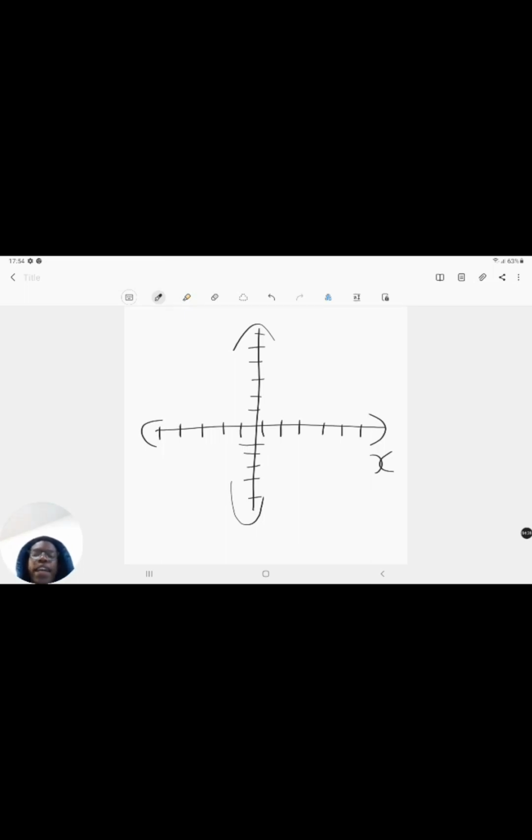Now, let's say we're looking at a straight line. Let me just use a different color for that. Say you're looking at a straight line that goes like that. We're still going to cover the equation of a straight line and all the related concepts regarding a straight line. So if you look at the straight line here, the straight line is made up of a combination of x values and y values.